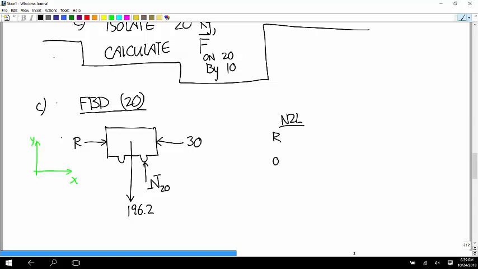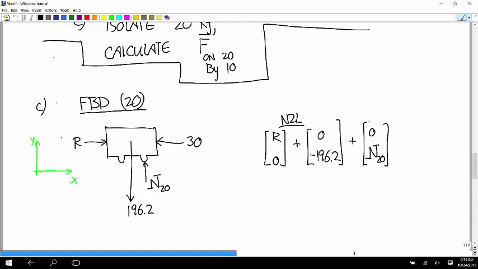So that's R, 0. The weight force is in the negative y direction. So that's 0, negative 196.2. The force from the floor is in the positive y direction. So that's 0, N20. And then the last force is that 30 Newton force in the negative x direction. So that's negative 30, 0.